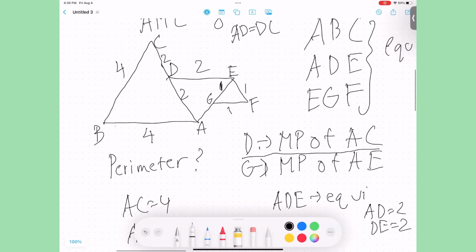Now, in terms of the perimeter, do you guys know exactly how to calculate the perimeter in this figure? Like which side lengths to count and which to not? Because you don't just add everything up and then you're done. You don't do that. You guys know which ones to add up and which ones to not.